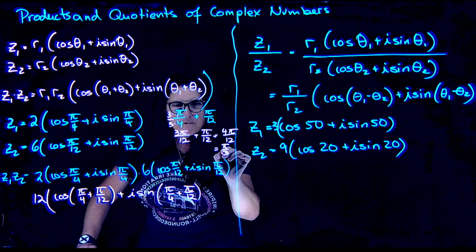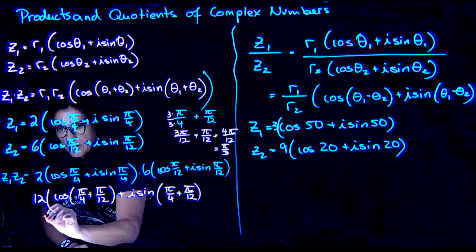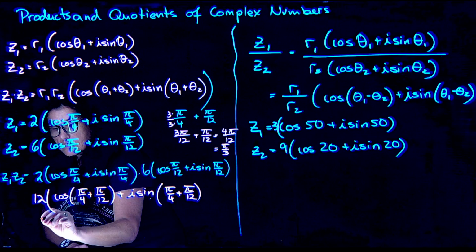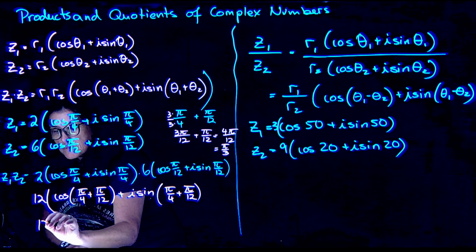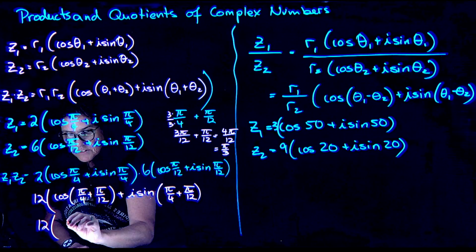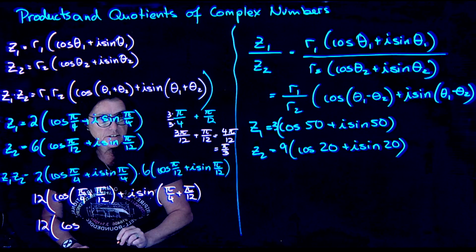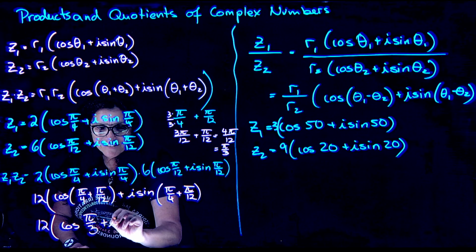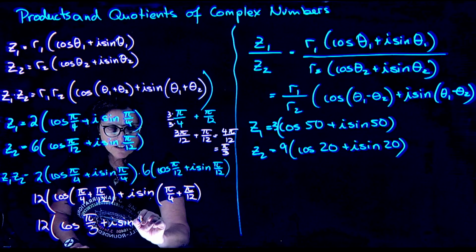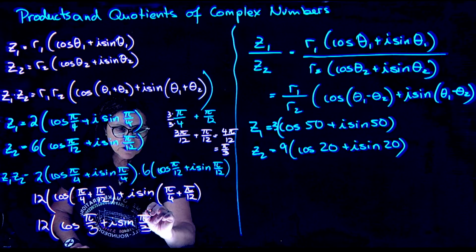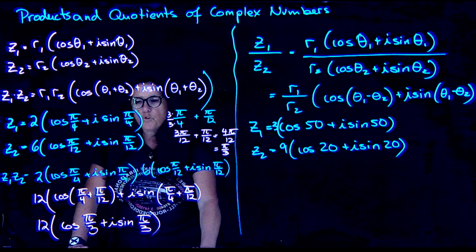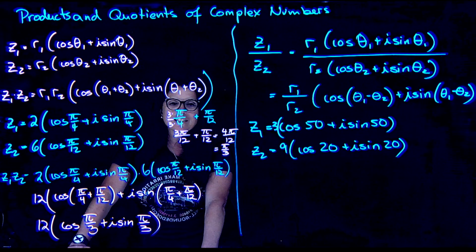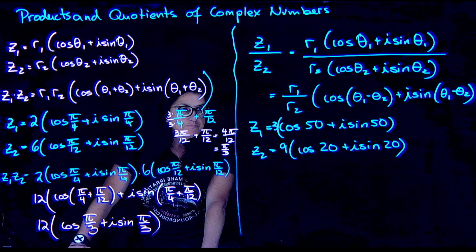Pi over 3. Here we go. So my product of my two complex numbers is 12 times cosine pi over 3 plus I sine pi over 3. And if you leave it in trig form, you are done right here.